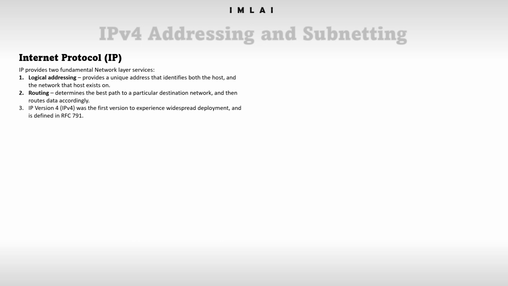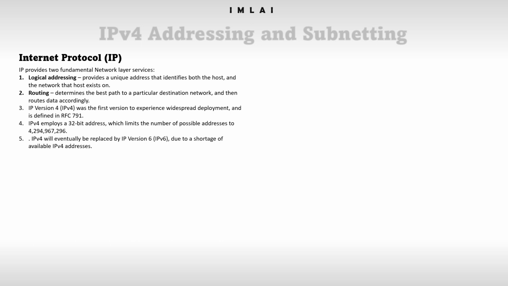So IP version 4 will eventually be replaced by IP version 6 due to a shortage of available IP version 4 addresses, because IP version 4 can only provide this much of addresses.